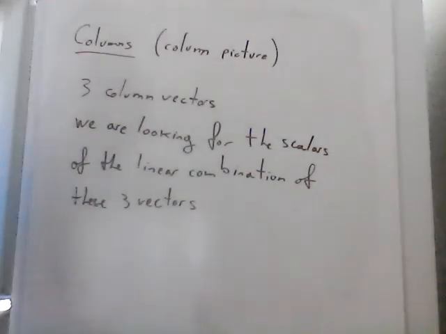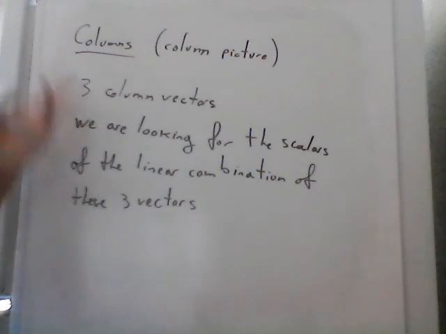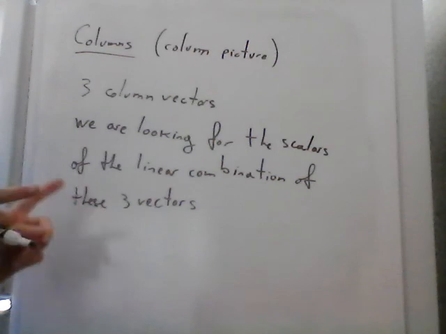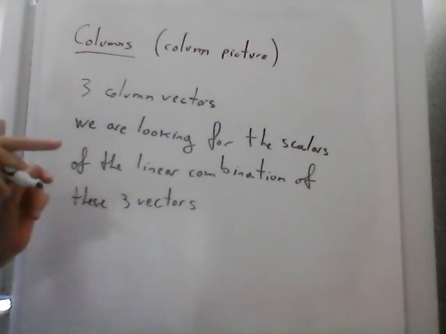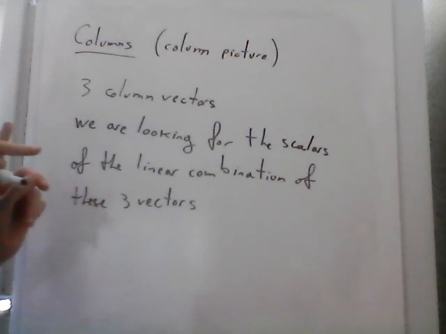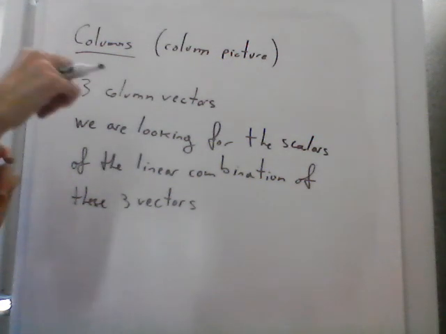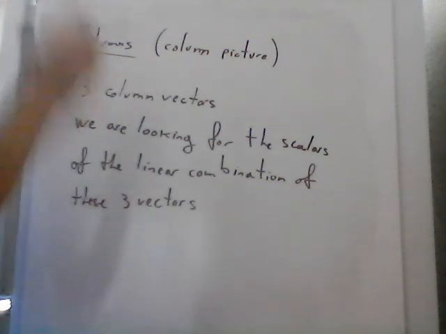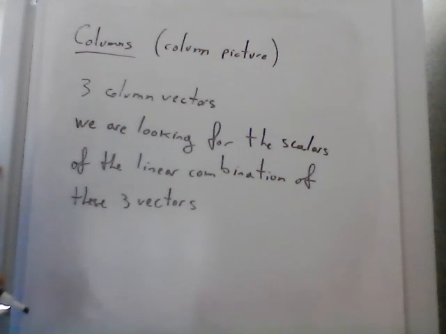The same that we did for 2 variables, but in that case we only had 2 vectors. In this case we have 3 variables, so we have 3 column vectors. And we are looking for the right linear combination of these 3 vectors that gives us the vector of the constant terms.